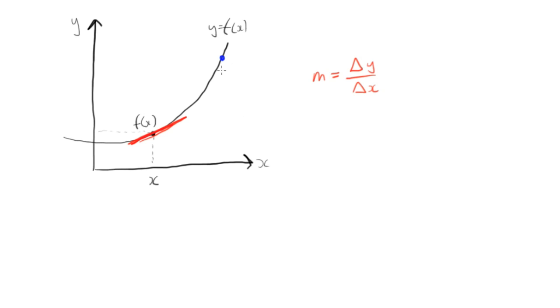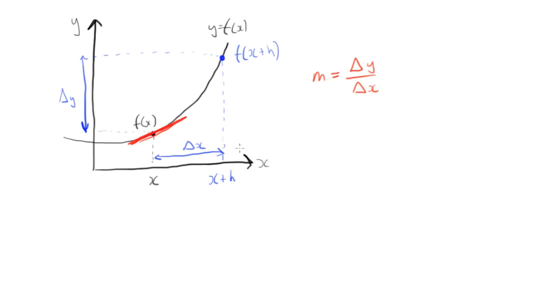To find that value, what we do is have another point somewhere along my function, and let's say that's the point x plus h. So that's going to be x plus h, and the value on the y-axis is going to be f of x plus h. Now I have my delta y, which is the vertical distance, and my delta x, which is the horizontal distance.